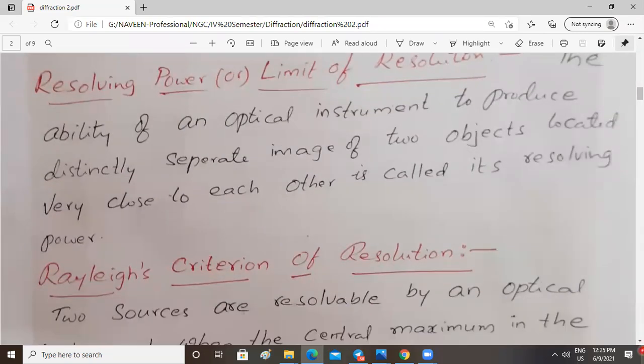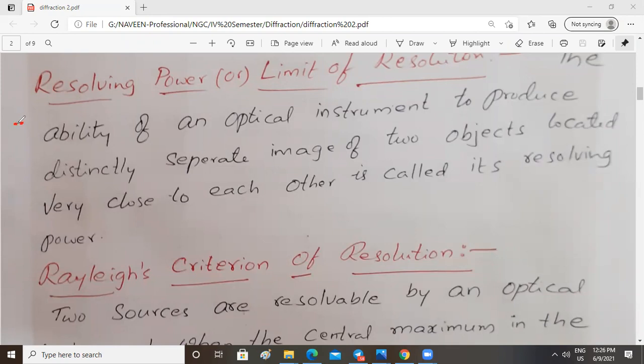Now we need to know what resolving power is. It is also known as the limit of resolution of an optical instrument. Let me show you one thing to explain this. Here I am drawing a dot. Adjacent to that dot, I am drawing another dot. You could say these two are one. There are two dots.